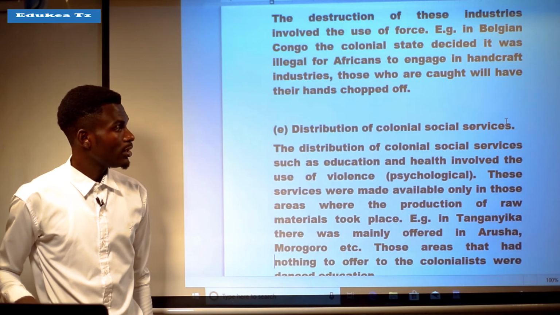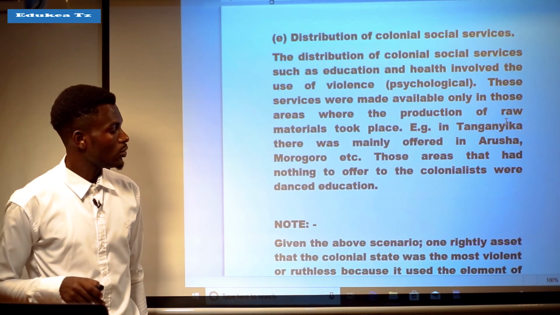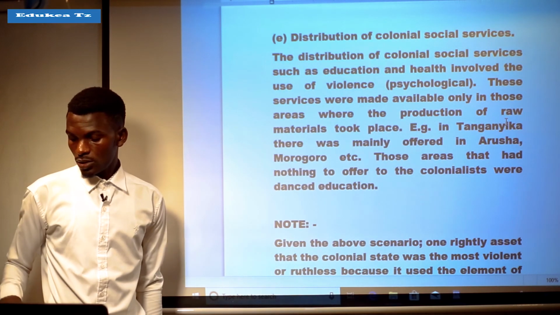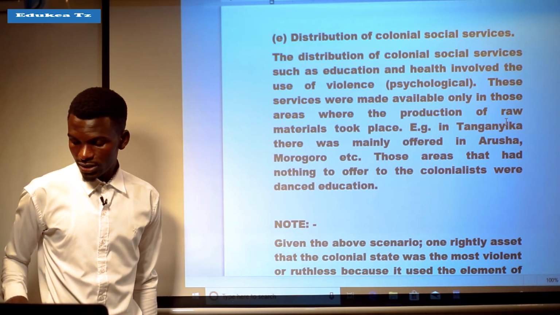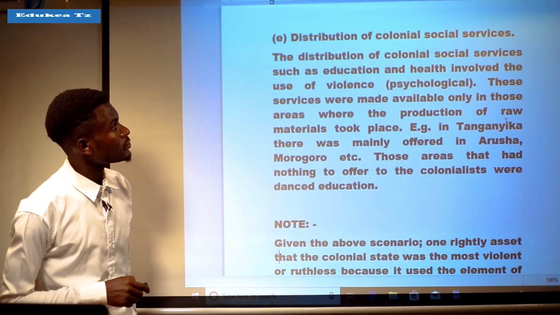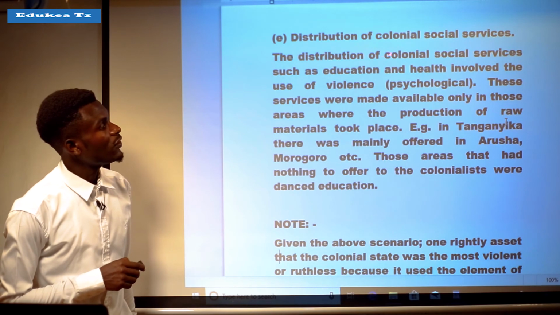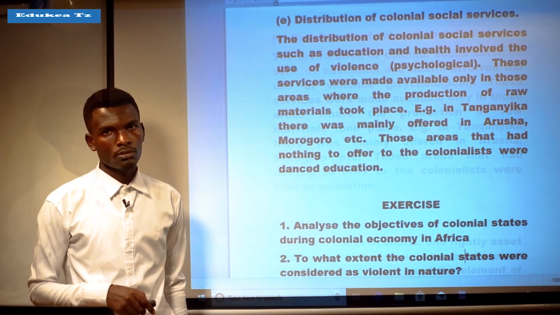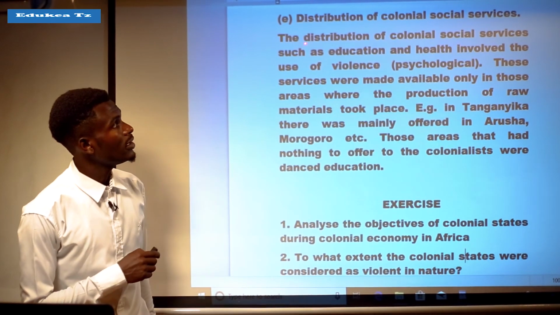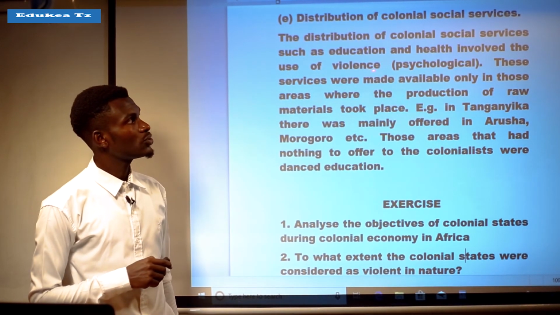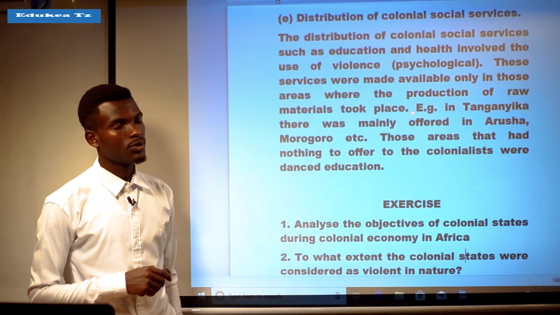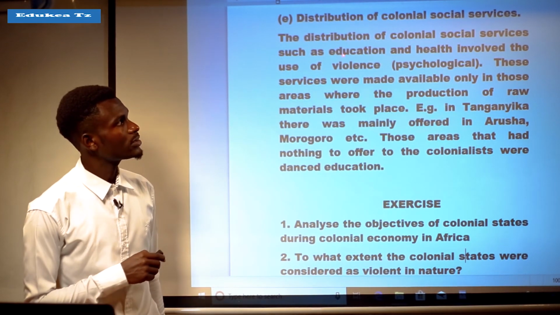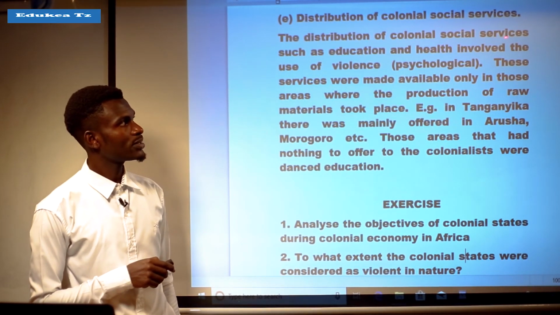Another measure that can show us that the colonial state was violent in nature, and the last measure that manifested it, is the distribution of colonial social services.